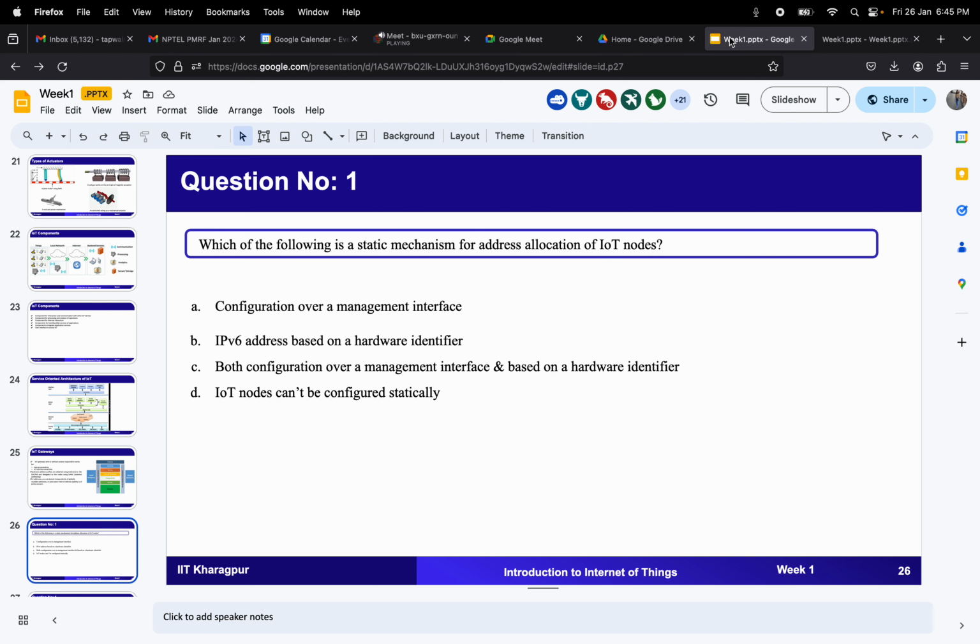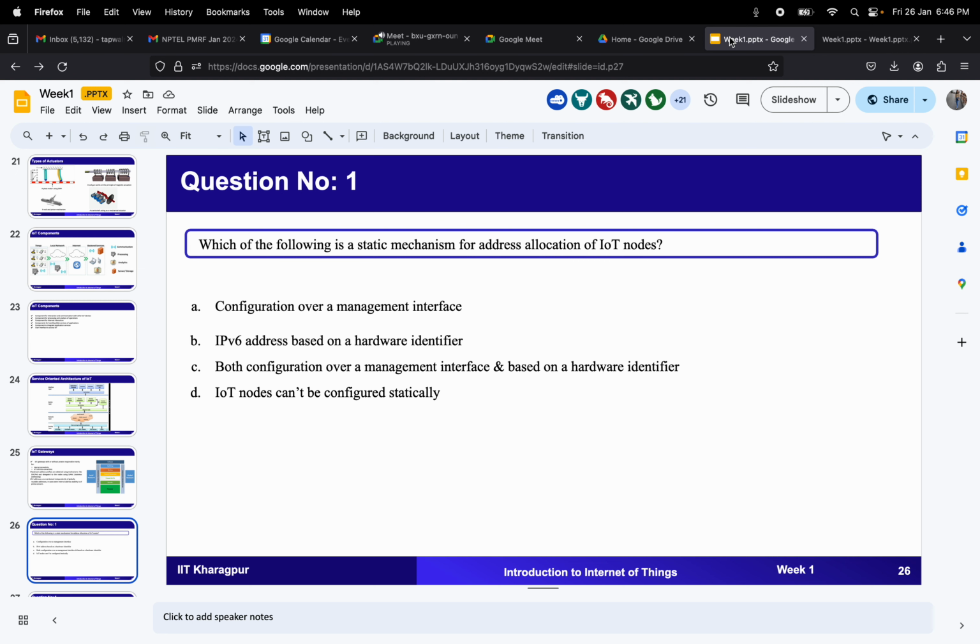Now, IPv6 addresses are static addresses, right? Yes. And also IoT devices should have their own addresses, right? So I think C should be the answer. Okay.